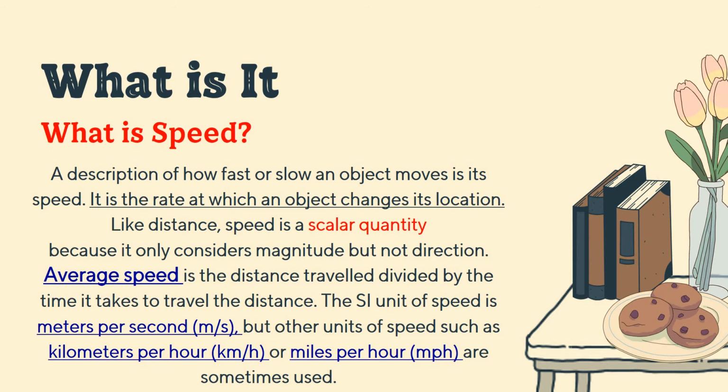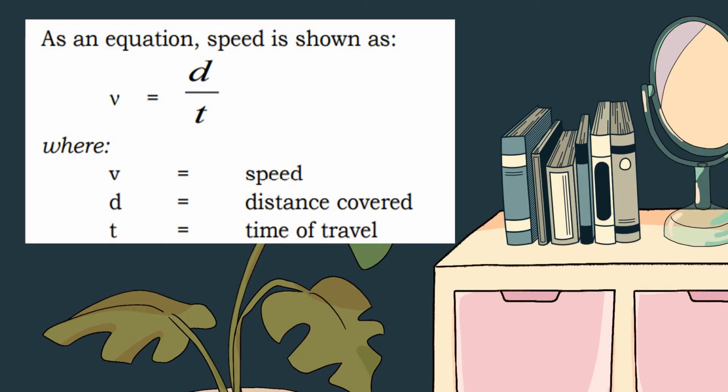The SI unit of speed is meters per second, or m/s. But other units of speed such as kilometers per hour, km/h, or miles per hour, mph, are sometimes used. As an equation, speed is shown as v equals d over t, where v is the speed, d is the distance covered, and t is the time of travel.